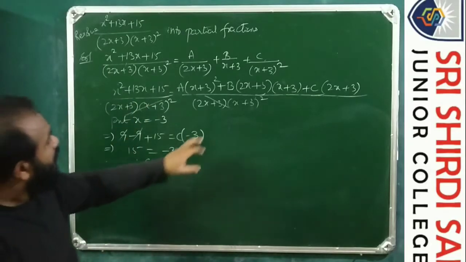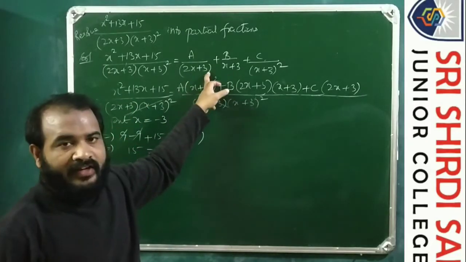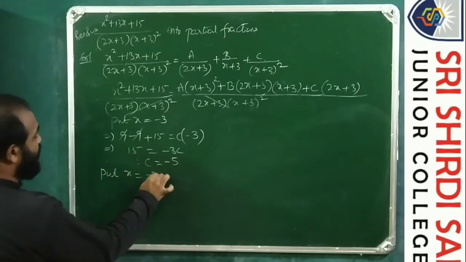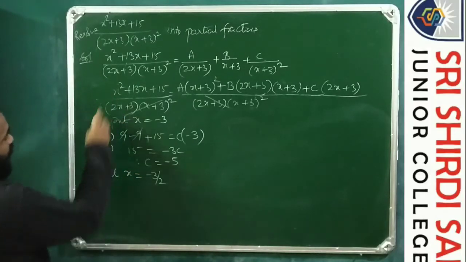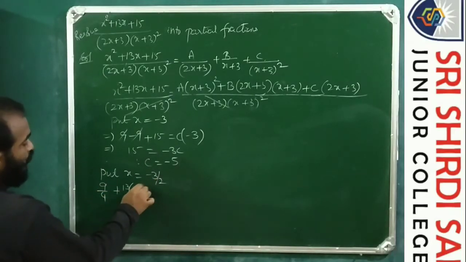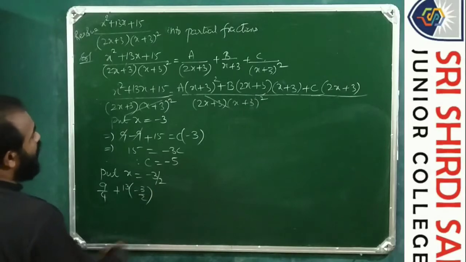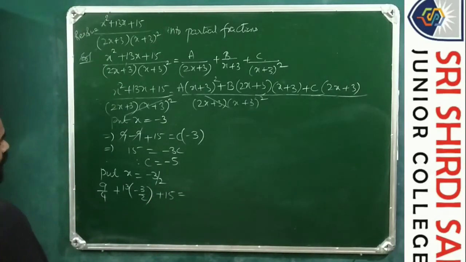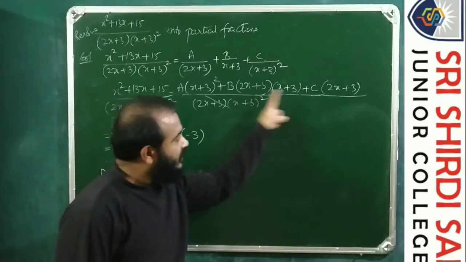Now 2x plus 3 is a factor, x equals to minus 3 by 2. So put x is equals to minus 3 by 2, we will substitute. So this is 3 by 2 whole square, 9 by 4, plus 13 into the value of x, minus 3 by 2, plus 15 is equals to, so this and this get cancelled.